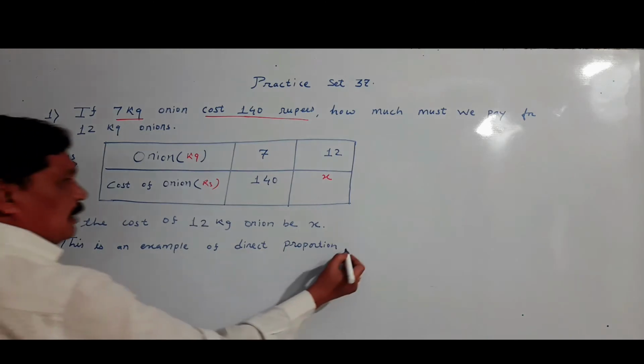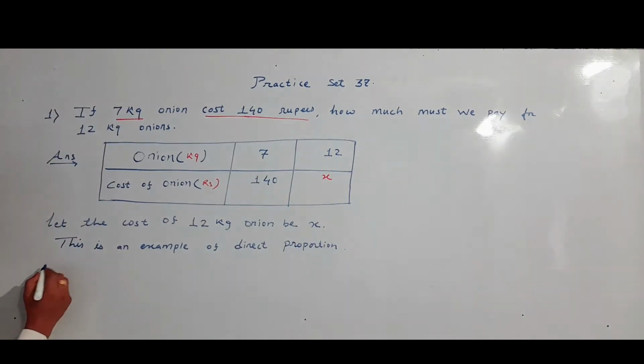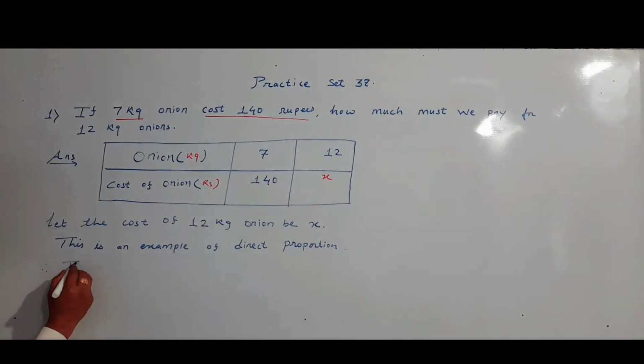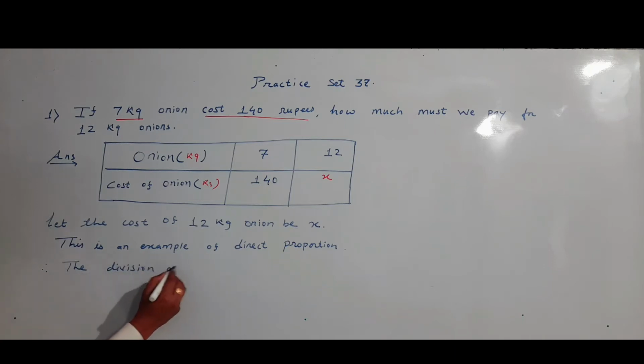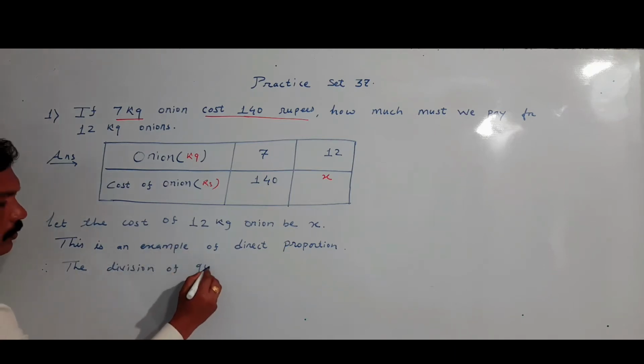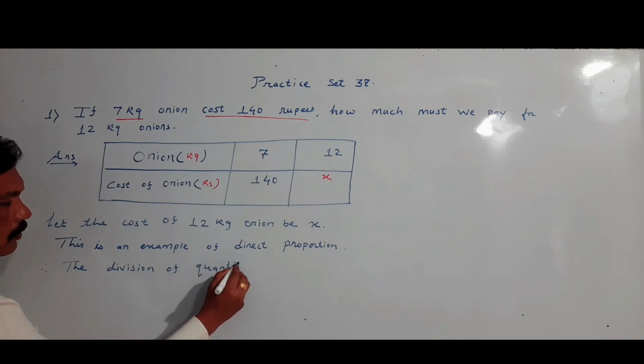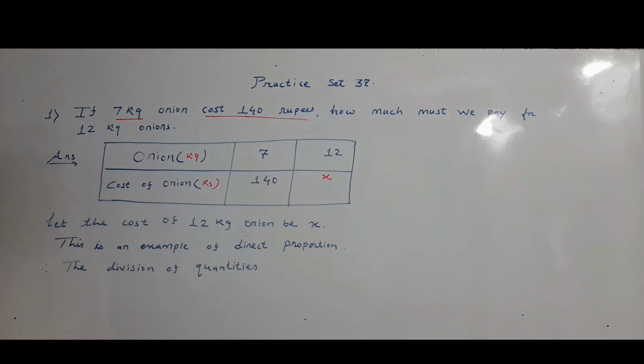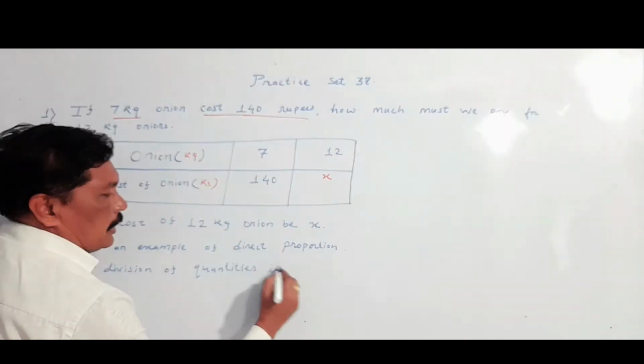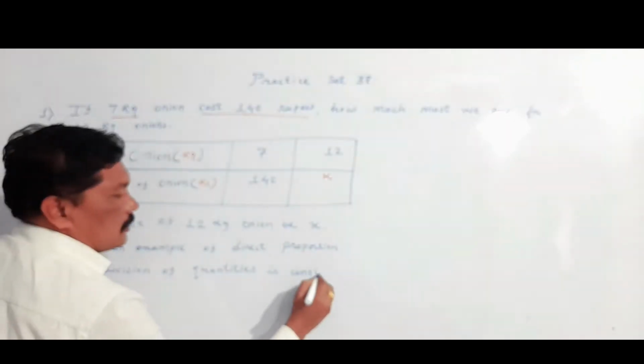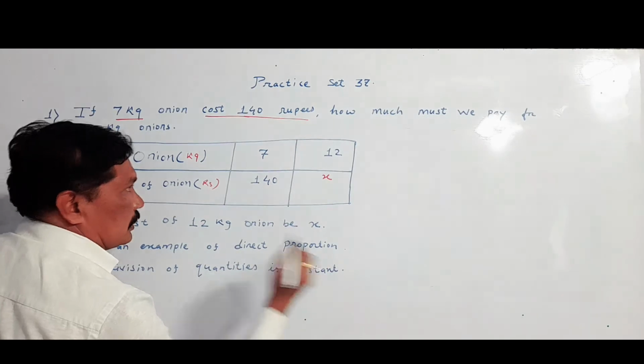And as it is an example of direct proportion, we can write, therefore, the division of quantities is constant.